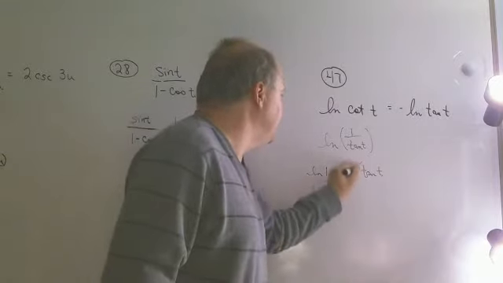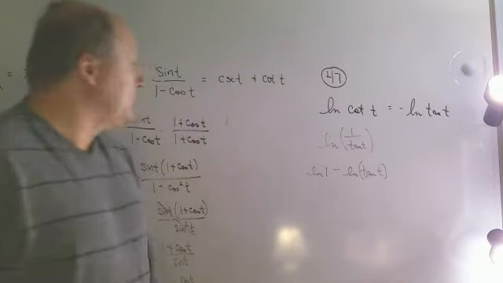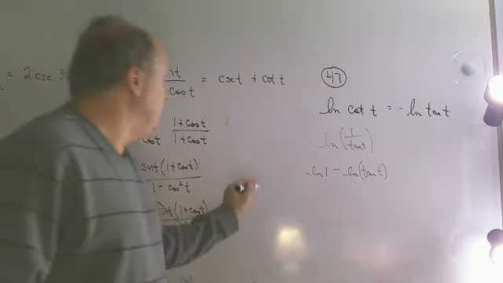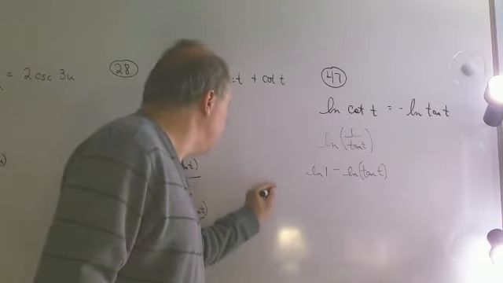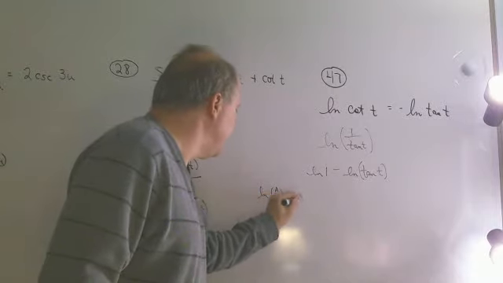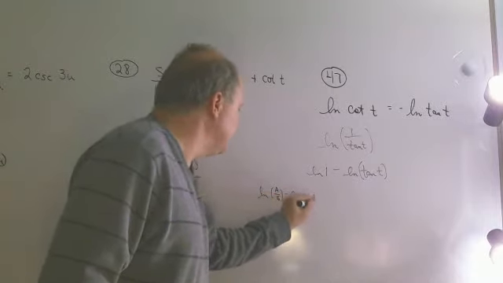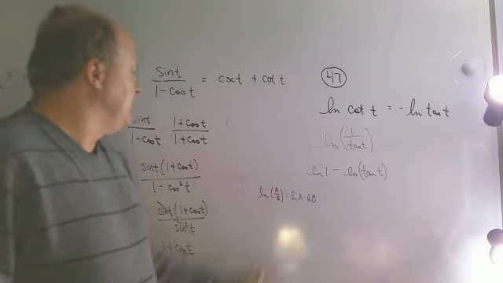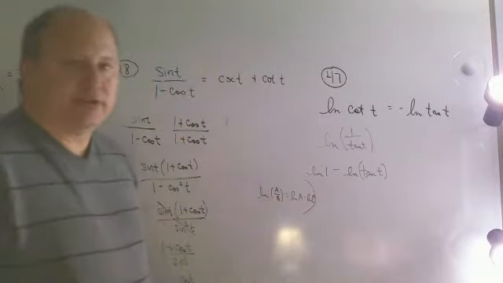And what I just did was the quotient rule for logarithms. If you recall that if you have a natural log of a divided by b, that is the same thing as the natural log of a minus the natural log of b. That's exactly the rule. That's what the quotient rule is stating.